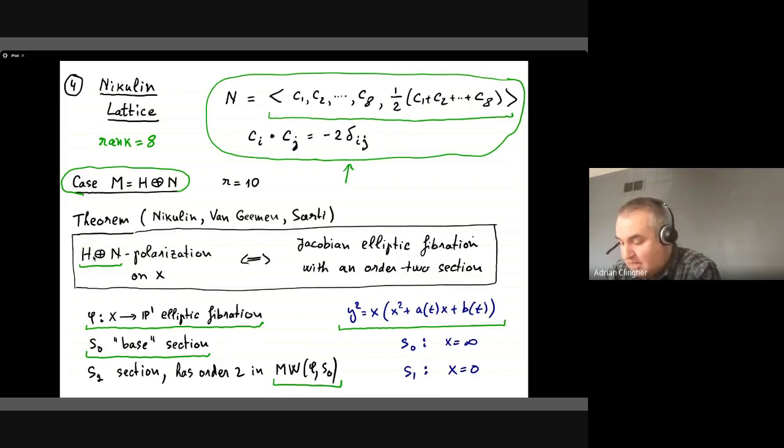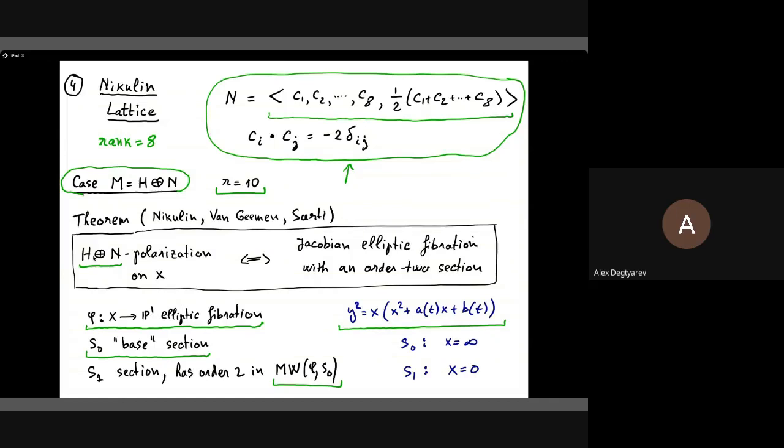So bottom line, the reason why I wanted to consider this lattice polarization of rank 10 is this theorem by Nikulin and van Geemen-Sarti, which says that every time I have such a polarization, there is an interesting geometric object that appears. There is an elliptic fibration arising on the K3 surface, and this elliptic fibration will have an order 2 section.